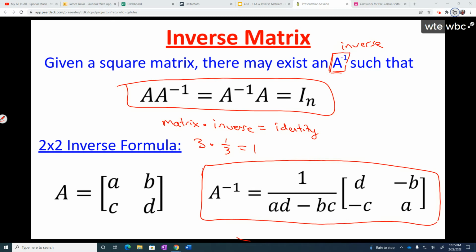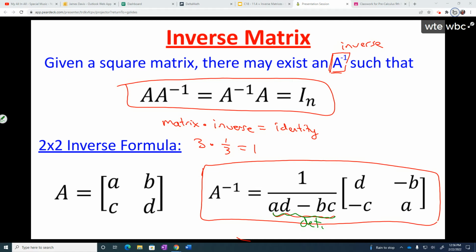And you might notice this down here. Anybody know what that is? AD minus BC? We've used that before. Yes, the determinant, right. So it's actually just 1 over the determinant, and then times that little pattern where we switch them and then change the signs there.